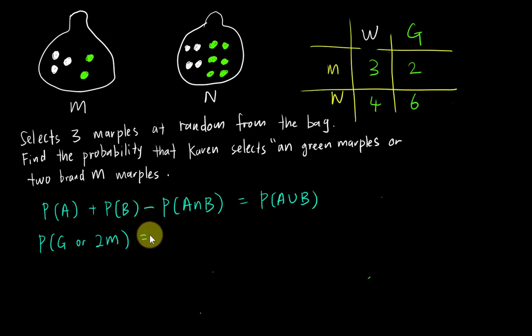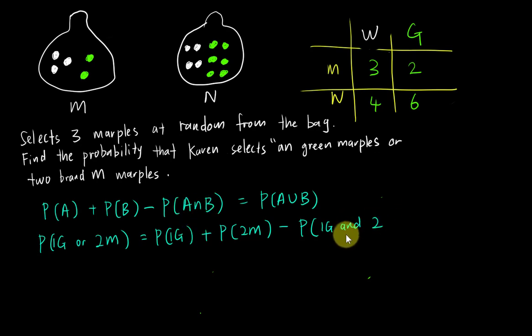Alright, so over here I want to find the probability of green color first. So I want the probability of 1 green, and then I plus the probability of 2 brand M over here. Alright, so minus the probability of 1 green and 2M.